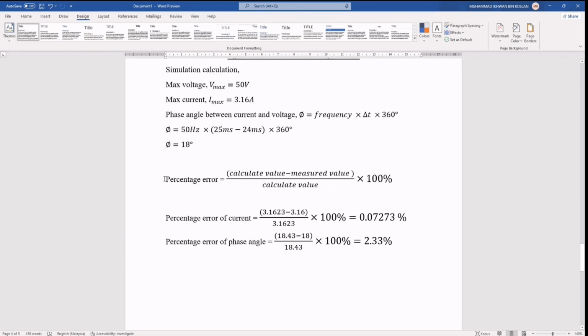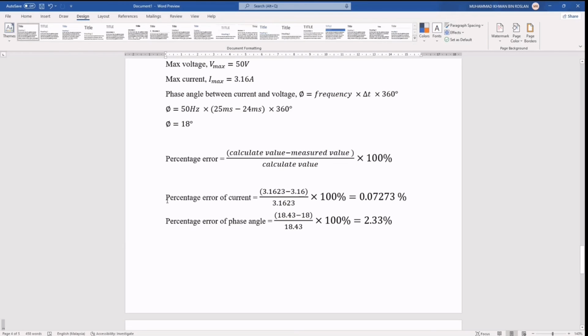So the percentage error for the current is 0.07273%, and for the phase angle is 2.33%.